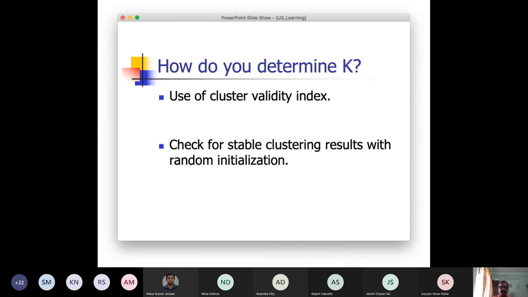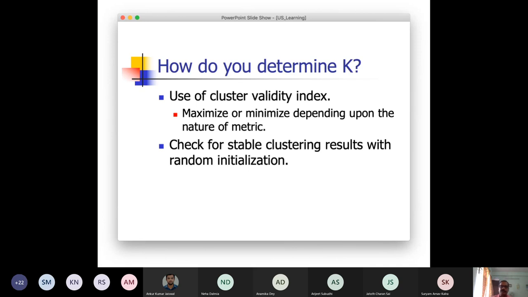One of these metrics is the cluster validity index. It is a class of metrics, which means there could be different ways this index could be measured, which will measure the strength of the clustering itself.